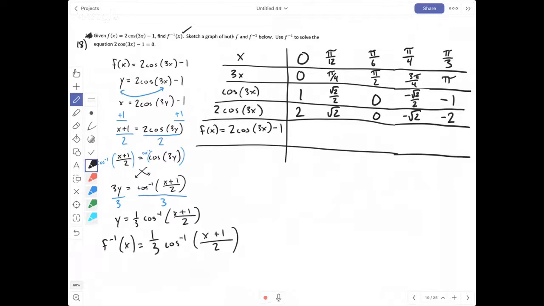And minusing 1, I get 1, and negative 1, and negative 3. And let's see, root 2 is about 1.4, so 0.4. And negative root 2 is about negative 1.41, so negative 2.41.